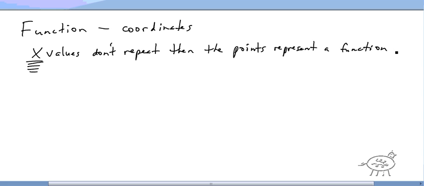That's it. If the x values don't repeat, then the points represent a function. If they do repeat, if one x value repeats, then it's automatically not a function. Real simple. So that's what the question is going to be.